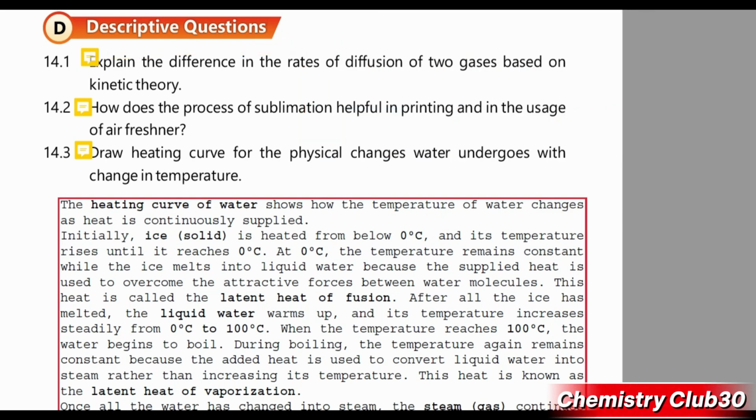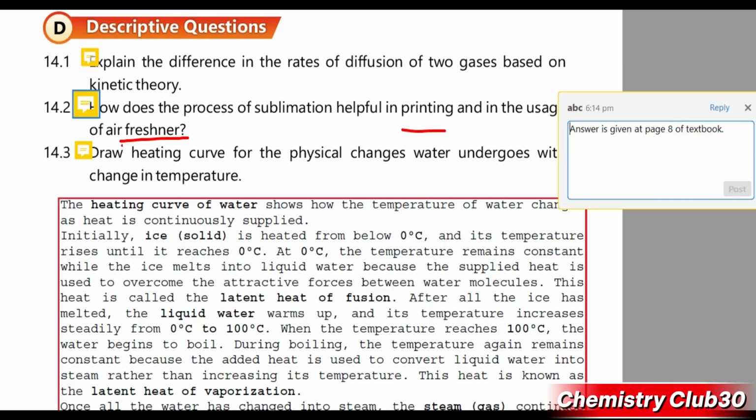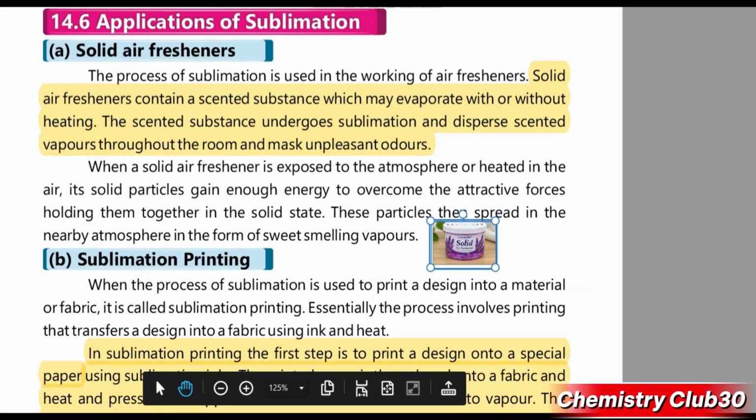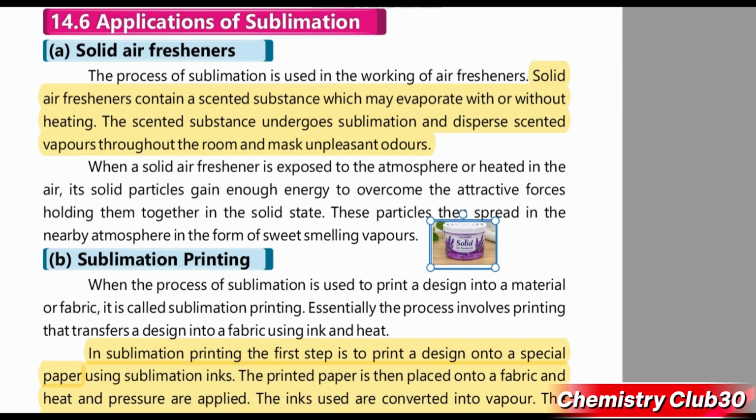Question number 2. How is the process of sublimation helpful in printing and usage of air freshener? So the answer of this question is given at page 8 of the textbook. Let's see first of all the use of sublimation in solid air freshener.